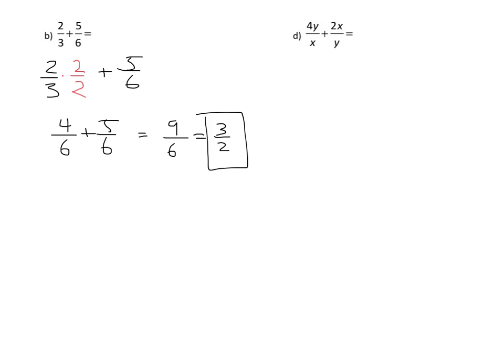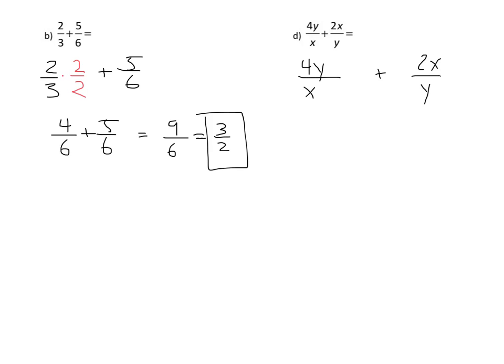In the next example, to get common denominators, we have an x on the bottom of the first one and a y on the bottom of the second one. So those are not the same. And to make them the same, I need to multiply the first fraction by whatever the second one has, and the second fraction by whatever the first one has.